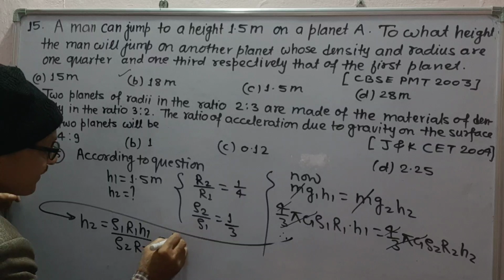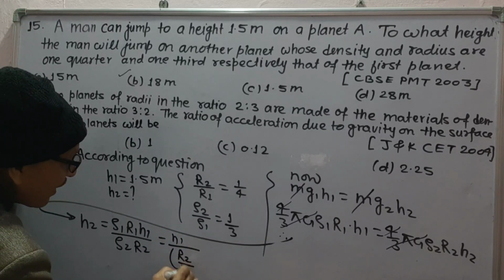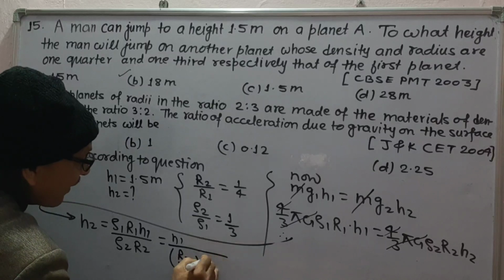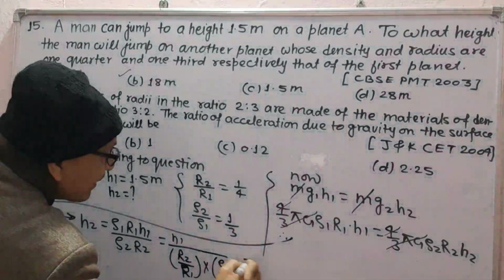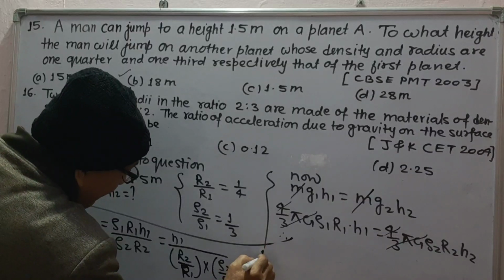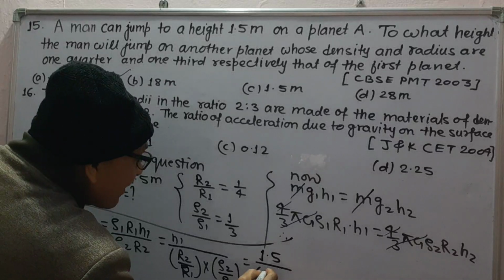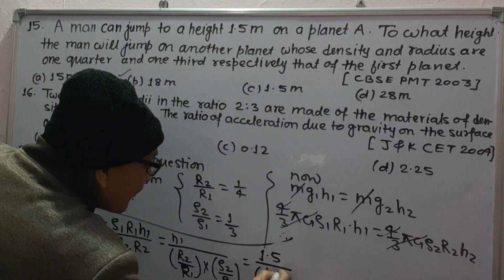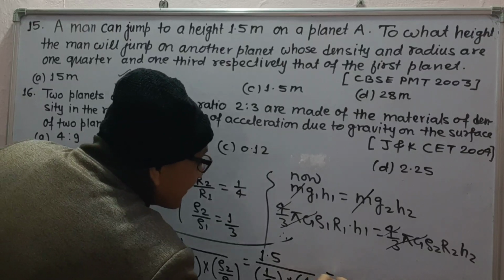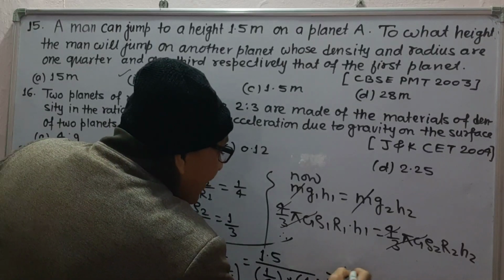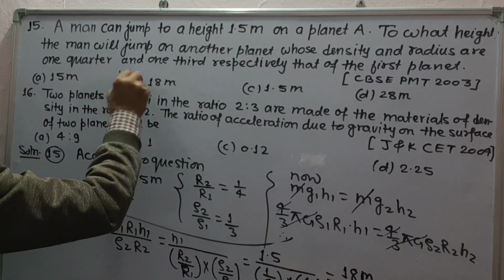This can be written as h1 upon r2 upon r1 into rho 2 upon rho 1. h1 is 1.5, r2 upon r1 is 1 by 4, rho 2 upon rho 1 is 1 by 3, so it is 18 meters. So the correct option will be B.